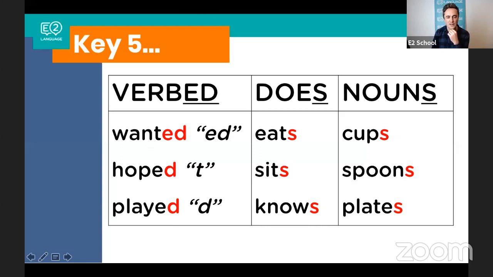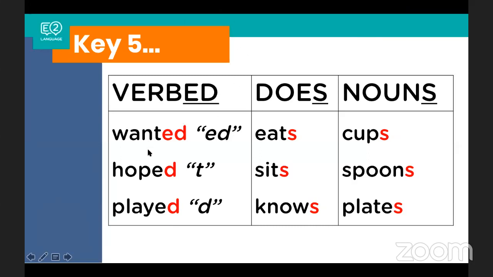In fact, these are quite strange because listen to the way these words finish. This one makes an id sound, this one makes a t sound, and this one makes a d sound. Wanted, hoped, played. So even though these all indicate past tense with the ed or d, the sound is in fact very different.